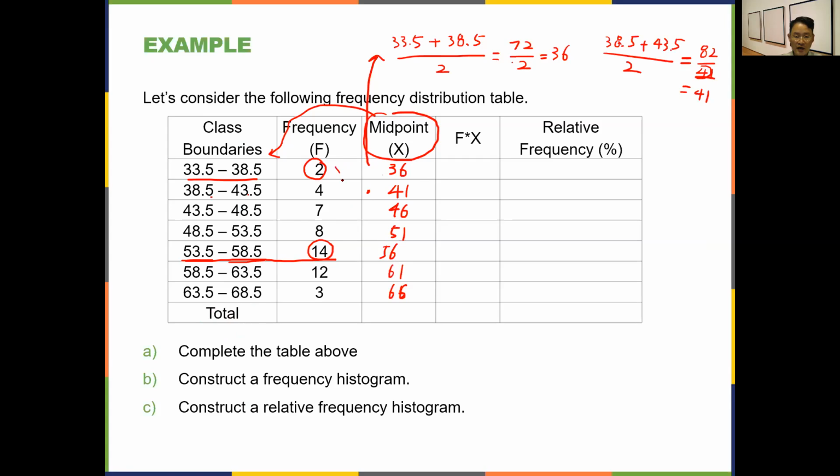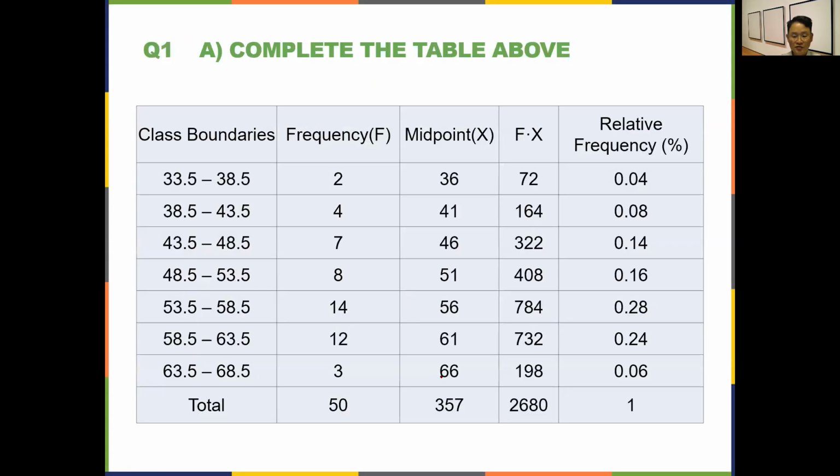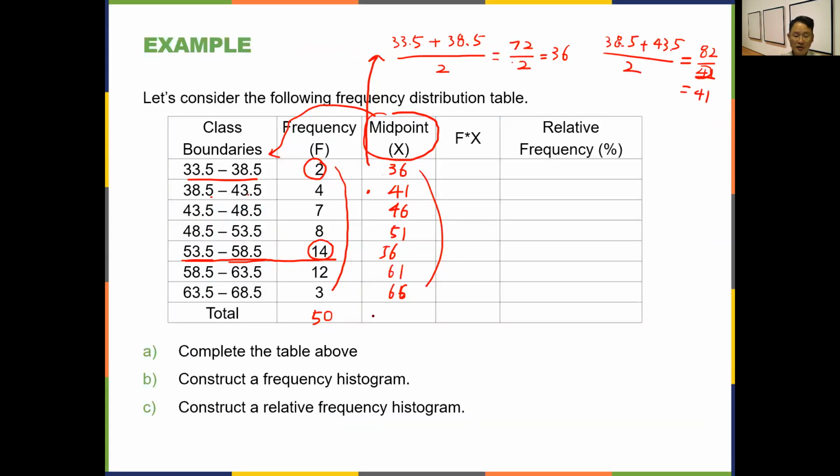If you add all these numbers together, it's going to be 50 right there. And for the midpoint, technically you can add; if you add it, it's going to be 357. But in many cases, you don't really have to add these midpoints, so we'll just leave it blank for now.